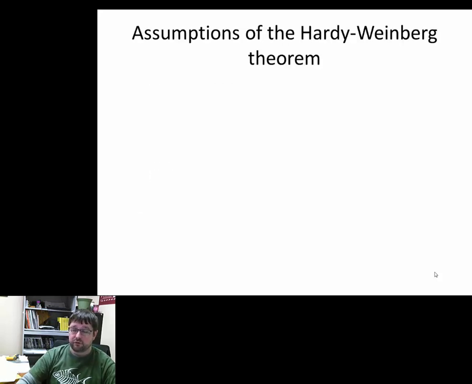There are certain assumptions that Hardy-Weinberg had to make in order for their theorem to be legitimate. The theorem says that if populations are not changing, the frequency of alleles are not changing, then they're at equilibrium and evolution is not occurring.